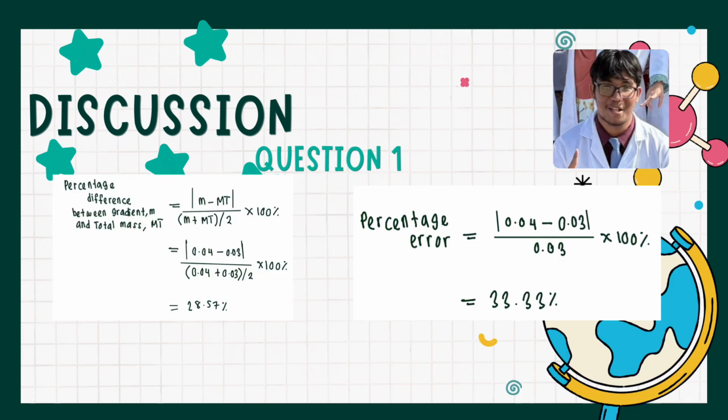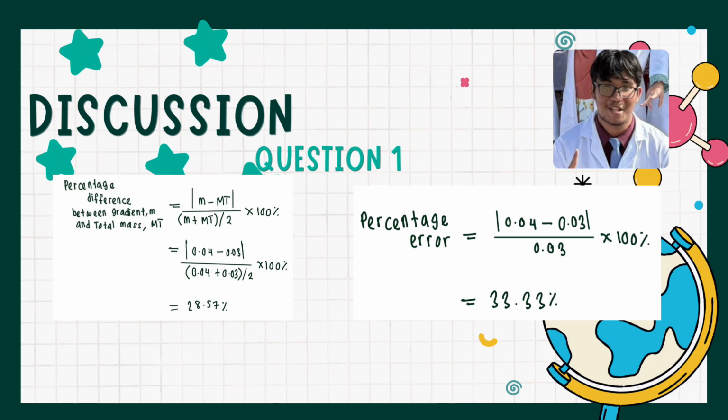Yes. So now we move to discussion question 1. The percentage difference between gradient m and total mass mt is m minus mt, divided by m plus mt over 2, then multiplied by 100%.